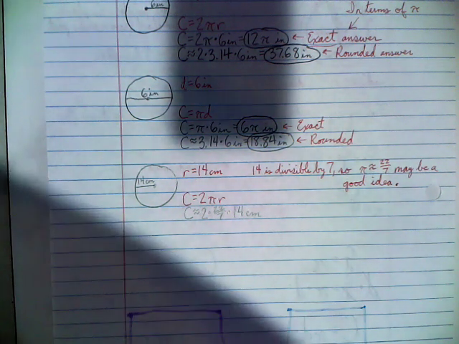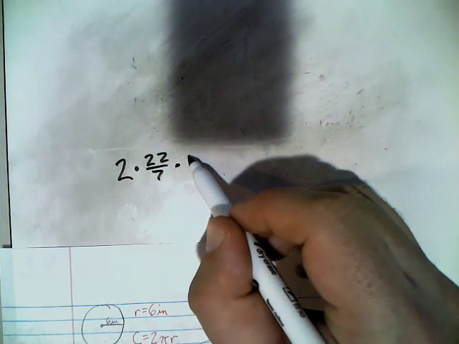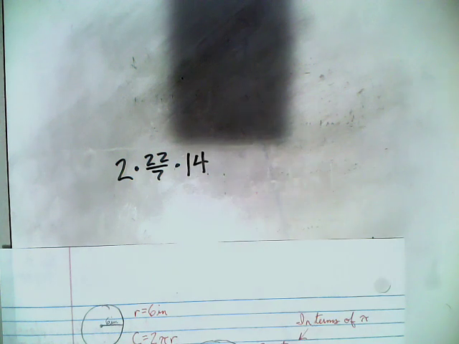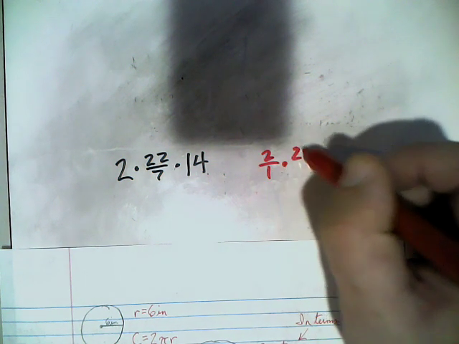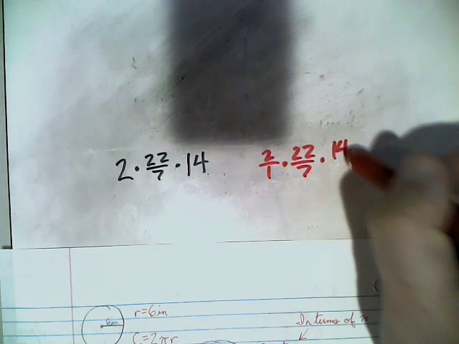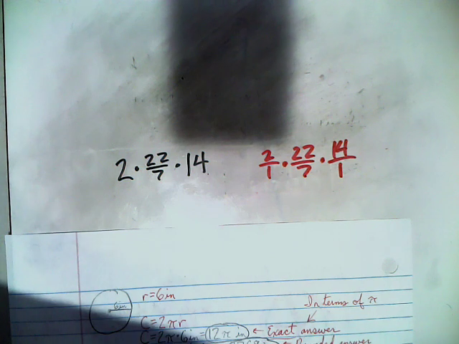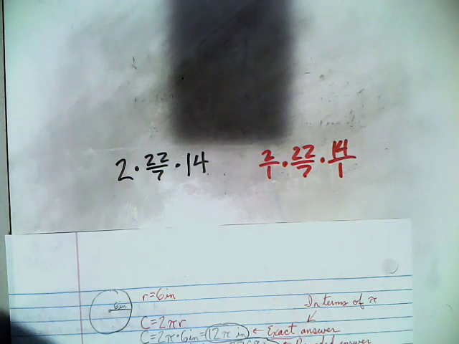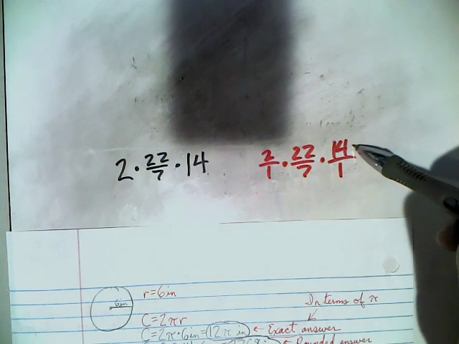Now, when I look at this problem here, if I just look at the numbers for a second, I have 2 times 22 sevenths times 14. Those are my numbers. Well, remember, ladies and gentlemen, that whole numbers are really just themselves over 1. So this is really 2 over 1 times 22 sevenths times 14 over 1. So one of the shortcuts that I'd like you to recognize here is that when you have a whole number, the whole number is really like a numerator.